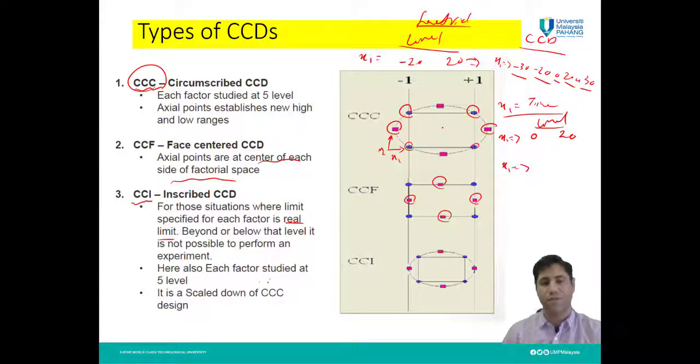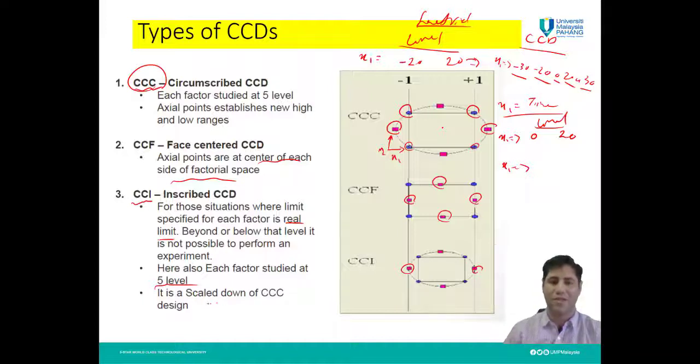Here also each factor is studied at 5 levels. In this design, we need to select the extreme low level for the factor at the minimum amount which we can have in the study. So here the minimum and maximum level of the factorial space is also specified as the minimum and maximum level for the axial.